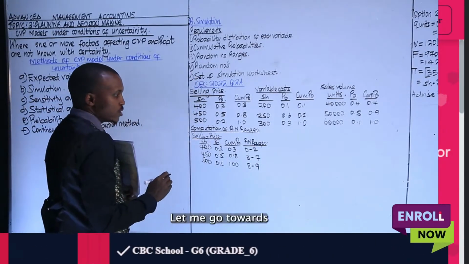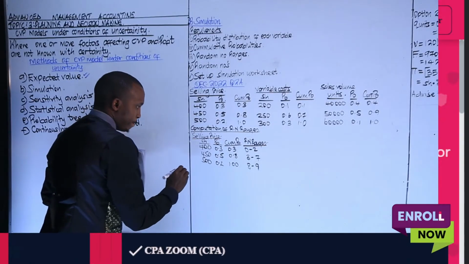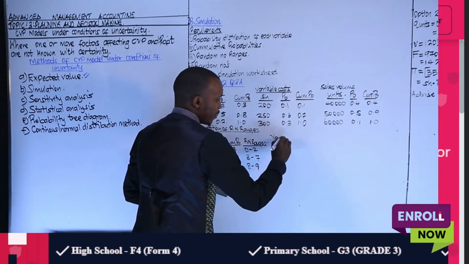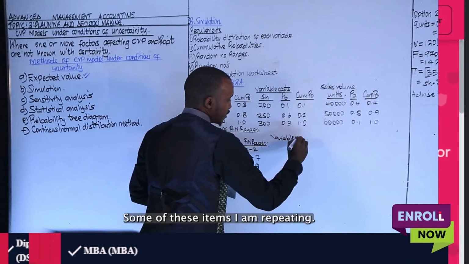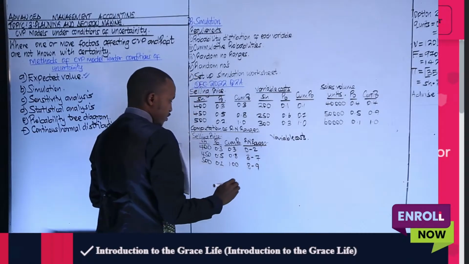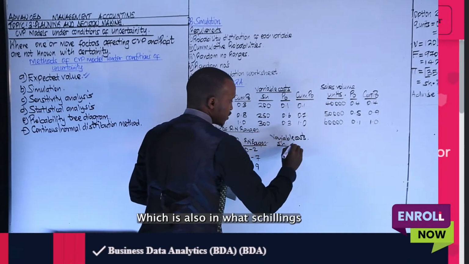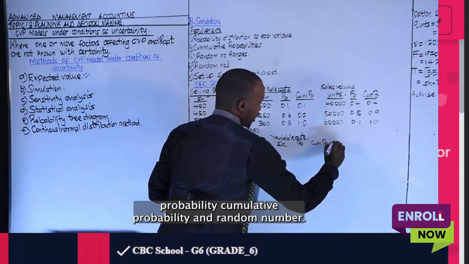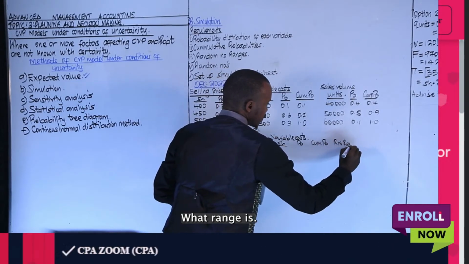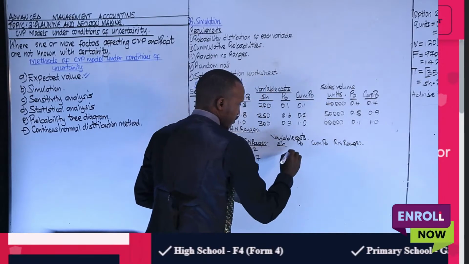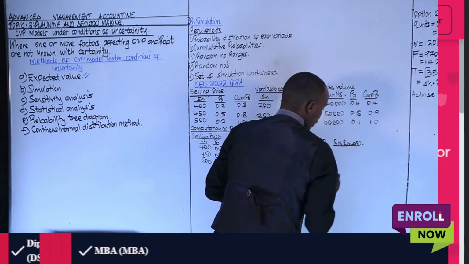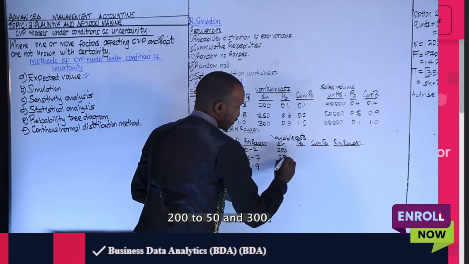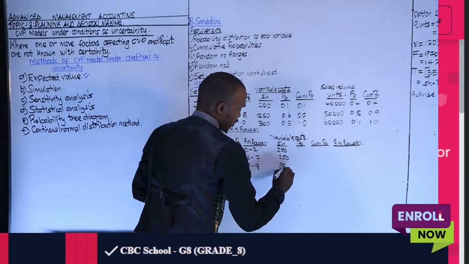Let me go to variable cost. Some of these items I am repeating, which is also in shillings, probability, cumulative probability and random number ranges. $200, $250 and $300.